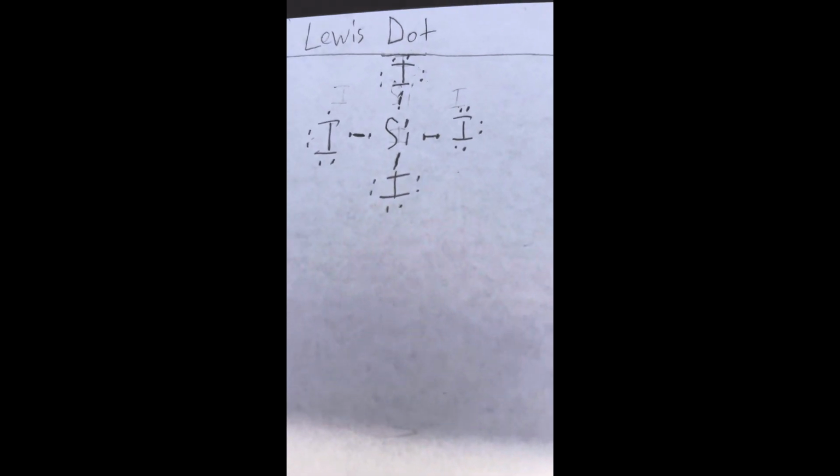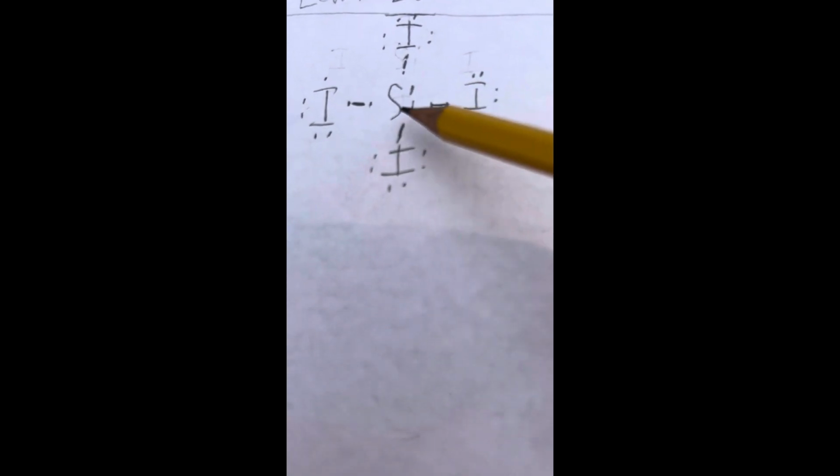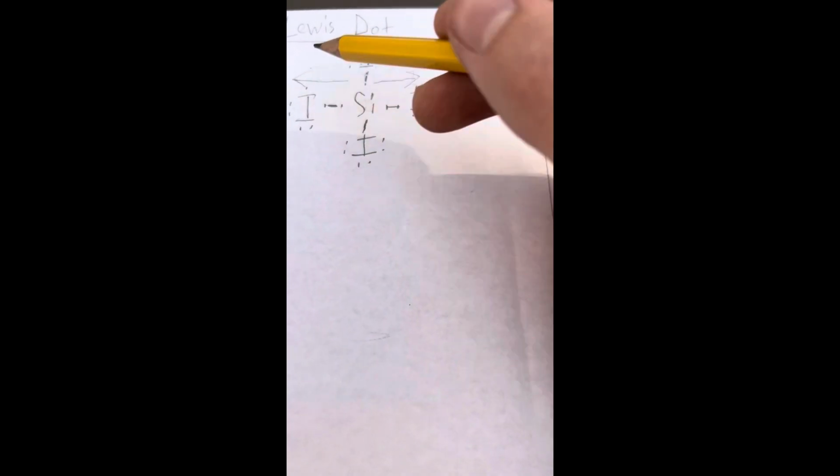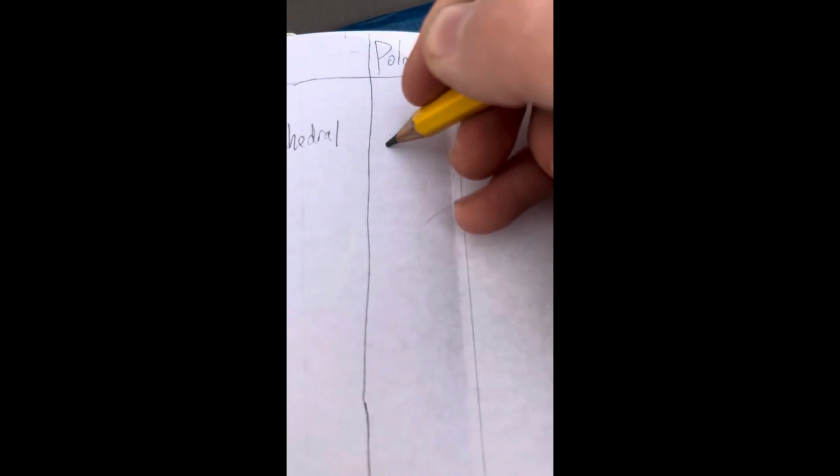And for polarity, silicon is less electronegative than iodine, which means the arrows are going to point like this, and because there are no lone pairs, it's perfectly symmetrical. So the polarity is non-polar.